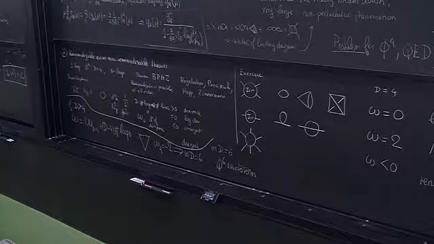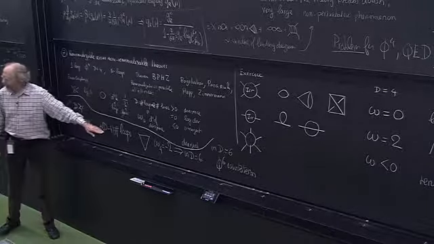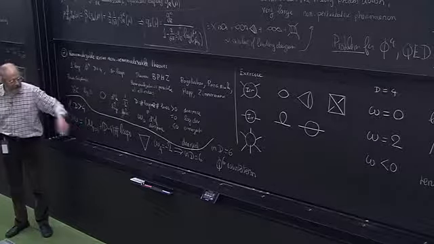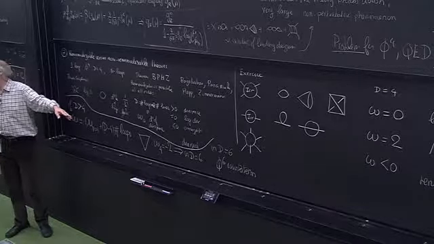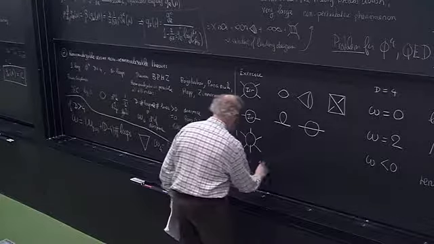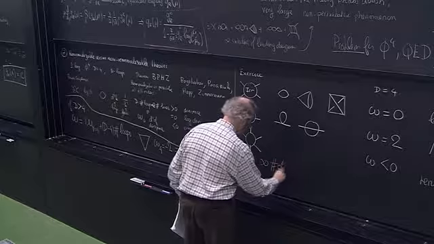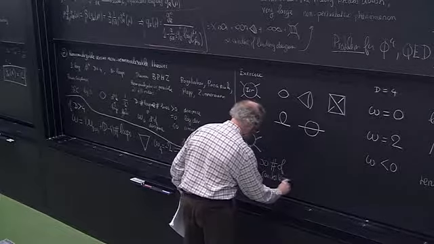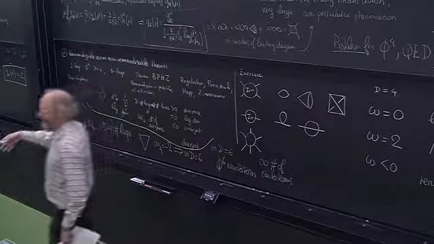And the more you go in perturbation theory, the more divergence you have. So phi 8 counter term will be needed, and phi 8. So you need an infinite number of counter terms. Okay, and you lose control.